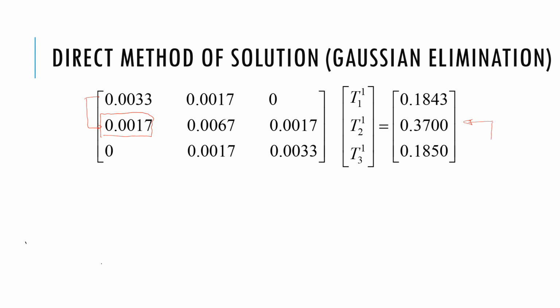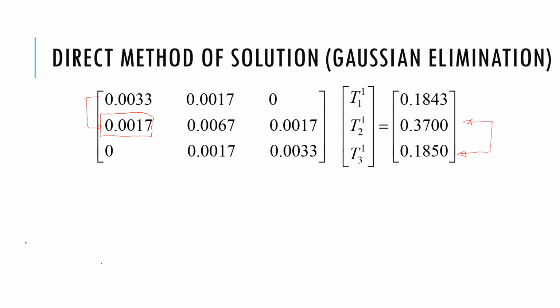And then we will have two equations with two unknowns, T2 and T3, and then we can solve it, or in a way we can repeat the process until we get to just one unknown left. So let's do this process. It's easier to just do it.